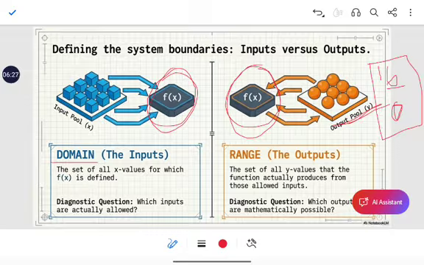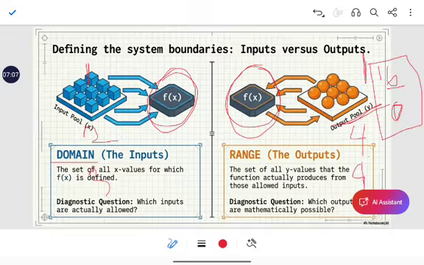Okay, so we come to the other side, which is the range. The range is the output, the set of all y values that the function actually produces from those allowed inputs. So if we put in 1 we produce 1, we put in 2 we produce 4, we put in 3 we produce 9.